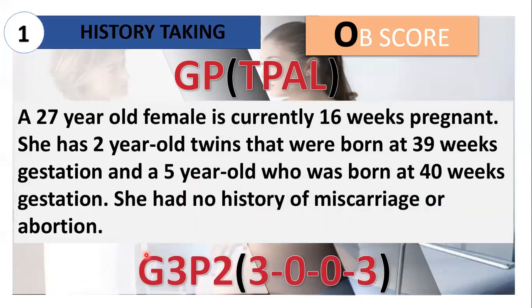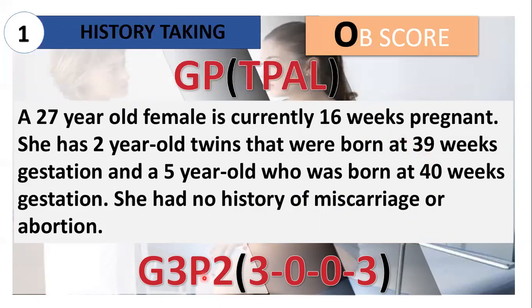So for the gravida, our patient had a total of 3 pregnancies from the current pregnancy and from her twins and the 5-year-old. You have to take note that for twins, that is considered only 1 pregnancy. Okay, and for parity, as you can see here, greater than 20 weeks, we have 39 and 40.